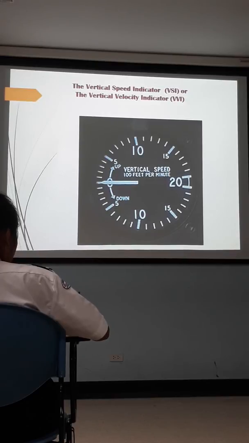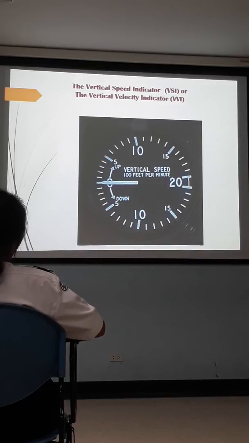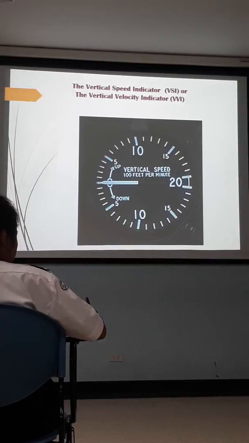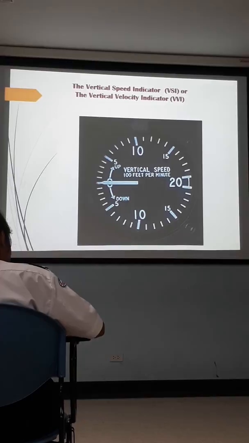Can you guess the function if I say name refers to function? What kind of information is the pilot gonna get from this instrument? Rate of climb. Very good. The speed of the airplane when climbing or descending, when going up or going down.